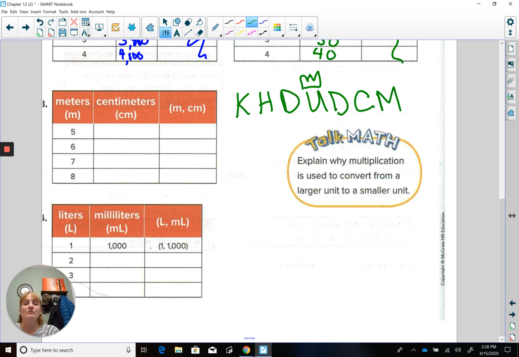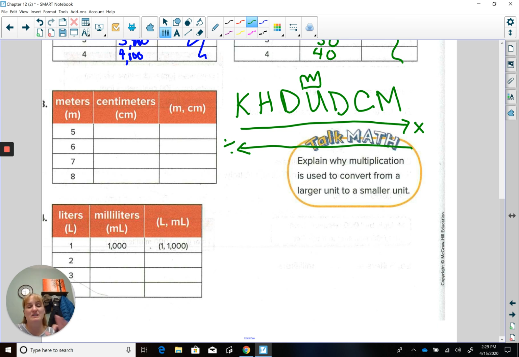Okay. When we go from a larger unit to a smaller unit, you multiply. When you're going from a smaller unit to a larger unit, you divide. Get in the habit of doing that so you always have something to look at so you know your answers are correct.